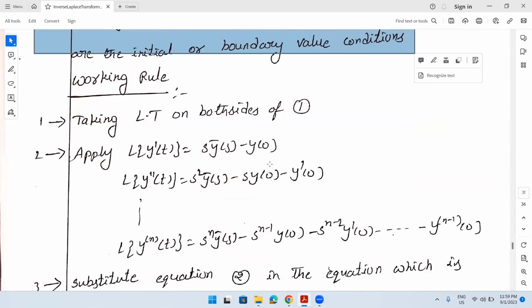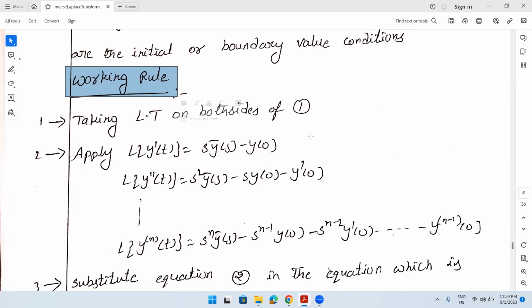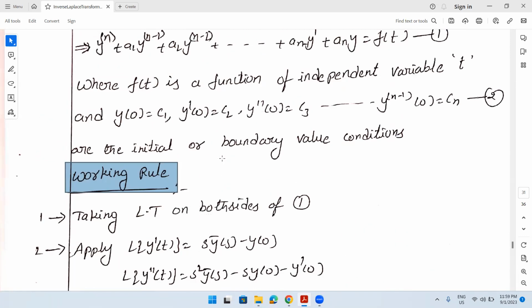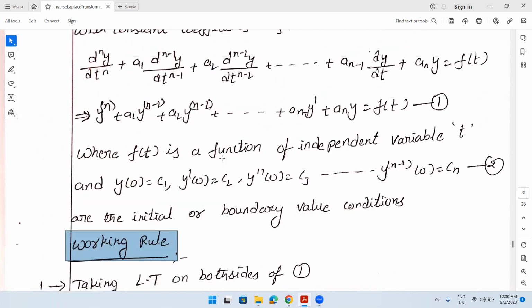Next, let us see the working rule. What is the working rule? First, we apply the Laplace transform on both sides.